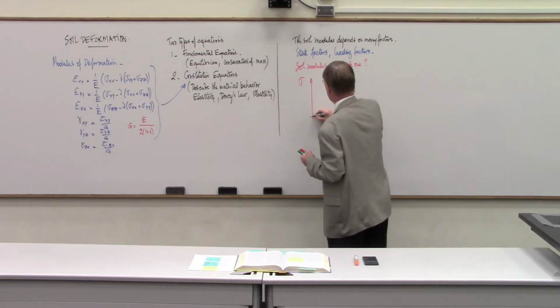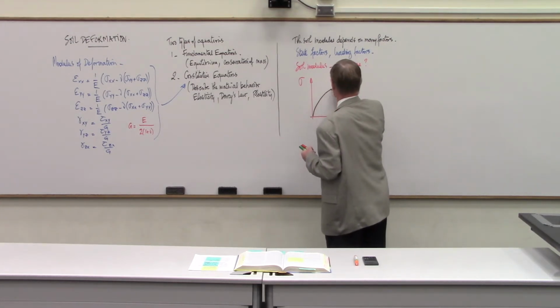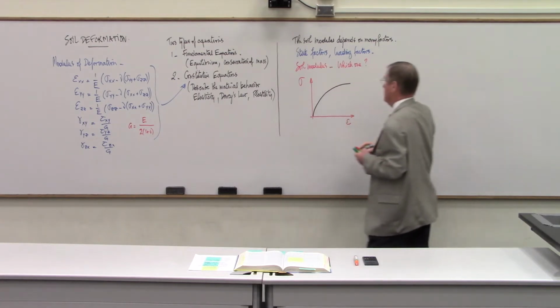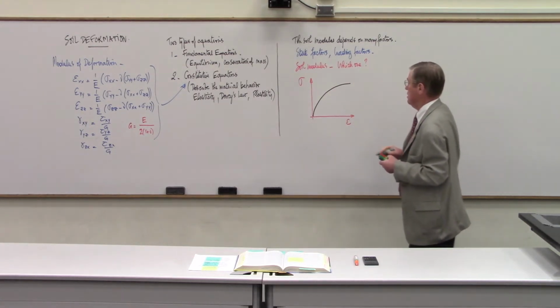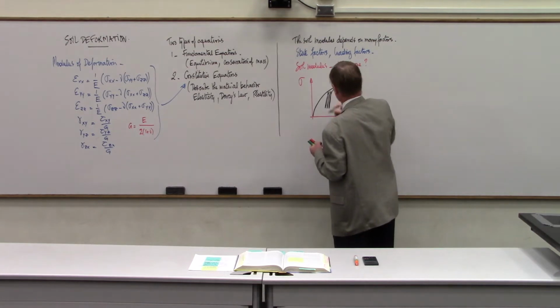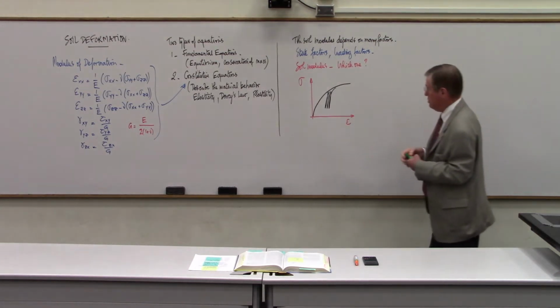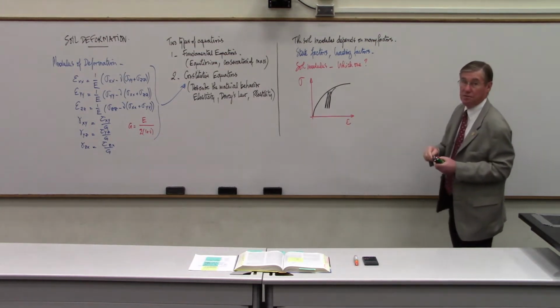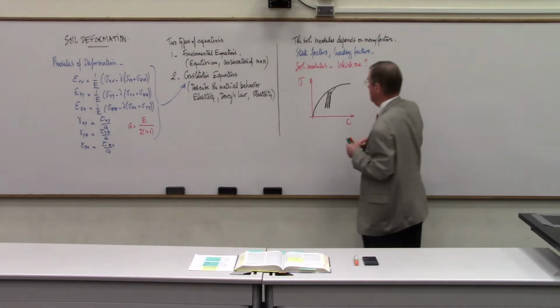So let me show a curve first, and let's say we have some cyclic loading, like this, several cycles, and then we go back. So you can see that there are many different moduli that can be associated with this.